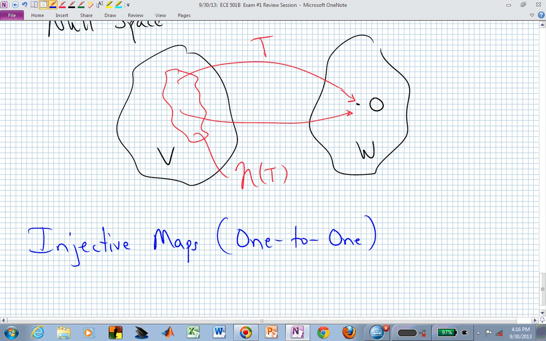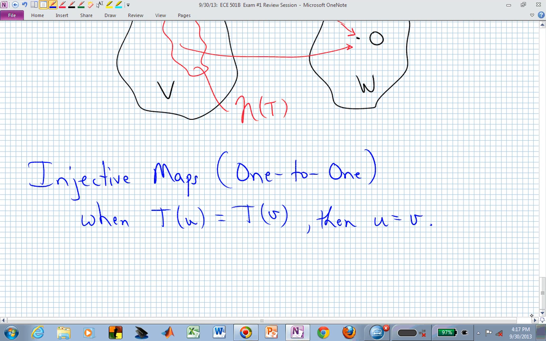An injective map is when you have, let's say, a linear map operating on U, and that actually is equal to the same linear map operating on V. Then if we have an injective map, then that implies that U and V, the input vectors, were actually identical.